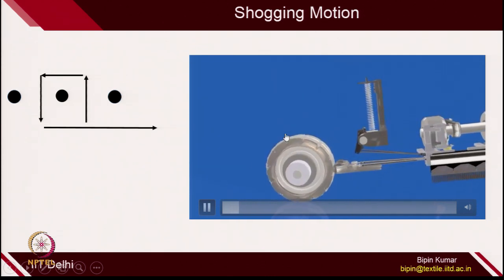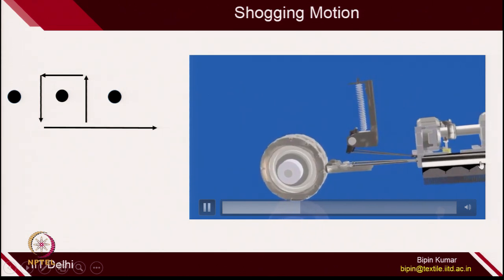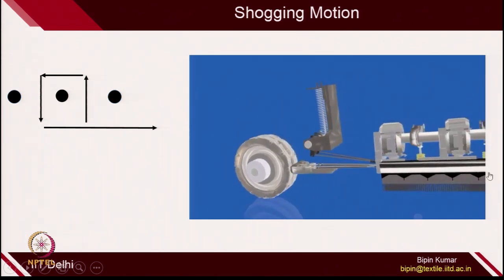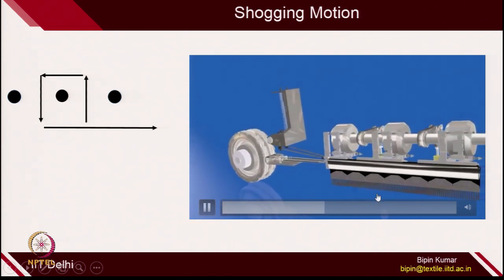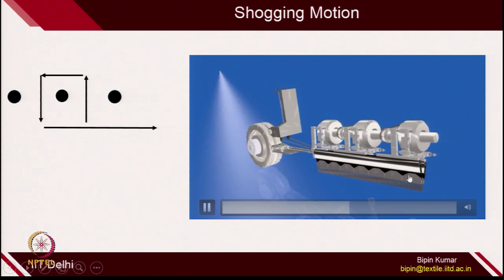The bar is attached with some pattern disc which will be rotating and giving some kind of lateral movement to this particular guide bar. Because of this lateral movement, the entire guide bar will be shifting. You can see it is shifting along the needle bar.